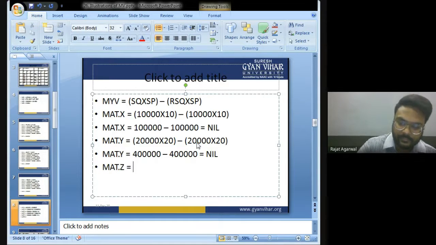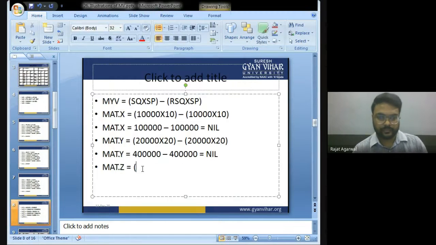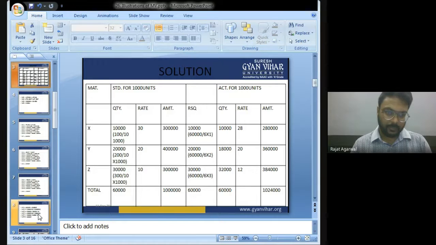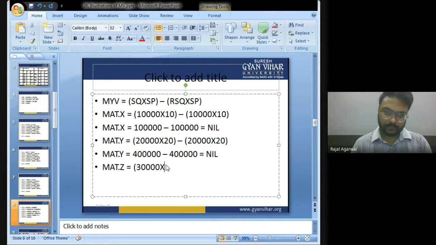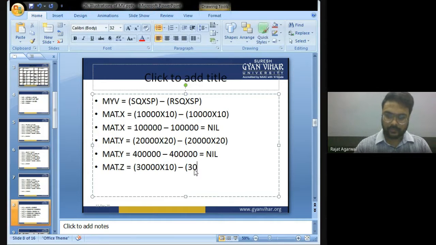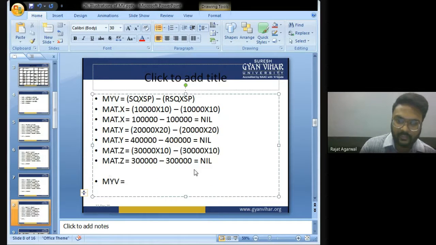Material Z. Standard quantity of Z is 30,000 into standard price of Z 10, and revised standard quantity of Z 30,000 into standard price 10. 3 lakh minus 3 lakh, answer is nil. So material yield variance is nil.